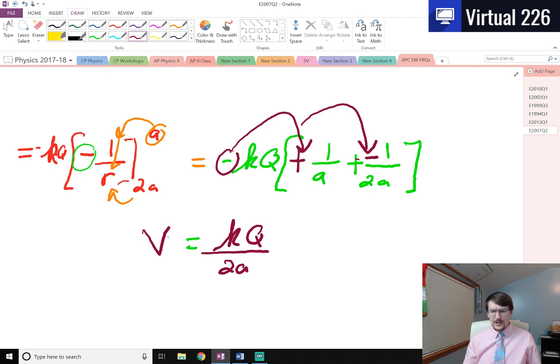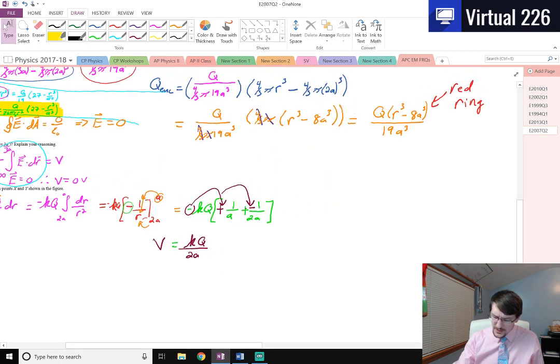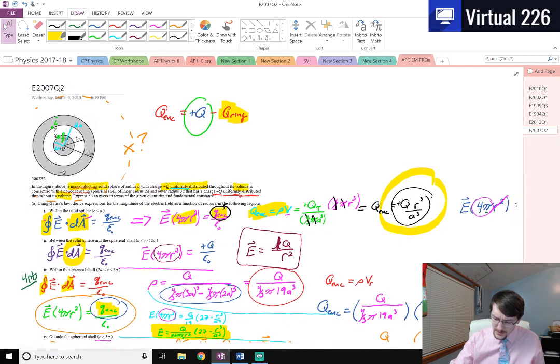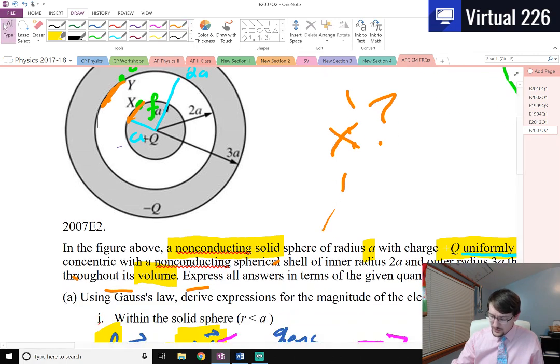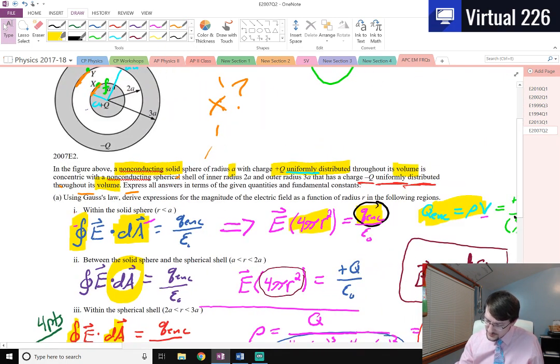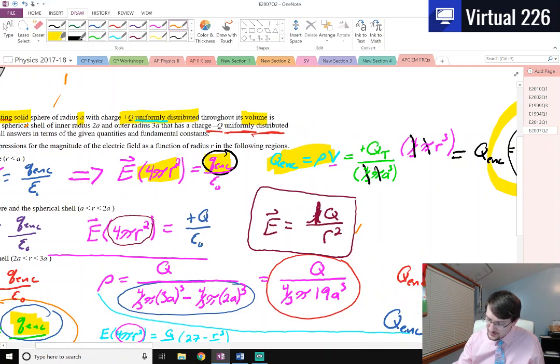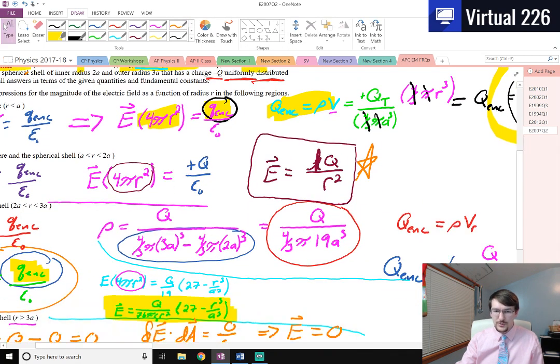Another way we could have done it is we could have just said, hey, what is the voltage at x? What is the voltage at y? And we know what those voltages can be because we have an expression for them that we found before. It's just the point charge expression.